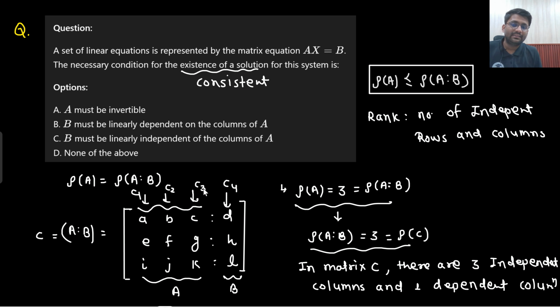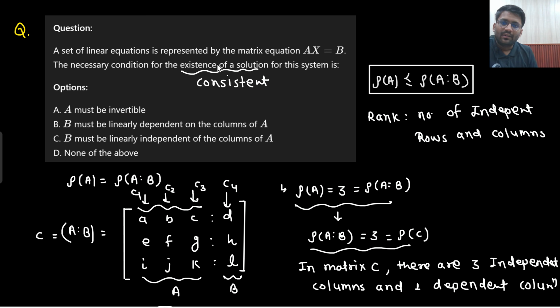Or C3 is depending on C1, C2, C4. Or C1 is depending on C2, C3, C4. Or C4 is depending on C3, C2, C1. And this last statement can be written as vector B is depending on the columns of A. Vector B must be linearly dependent on the columns of A. So this could be one of the possible answers, right? But sir, you have checked only one condition. Let's check the other condition: what if rank of A was 2?